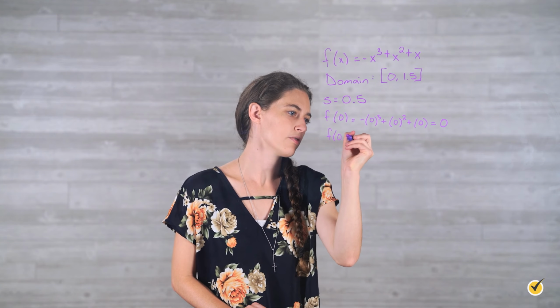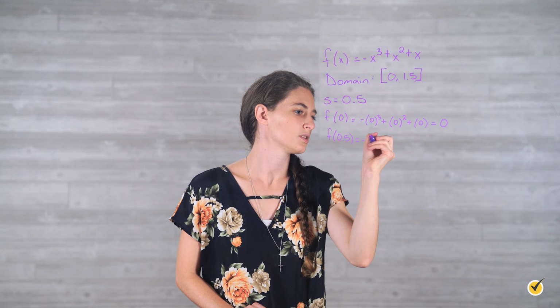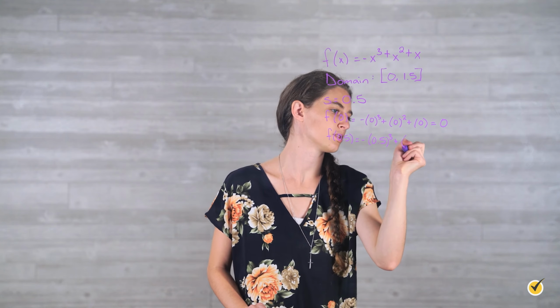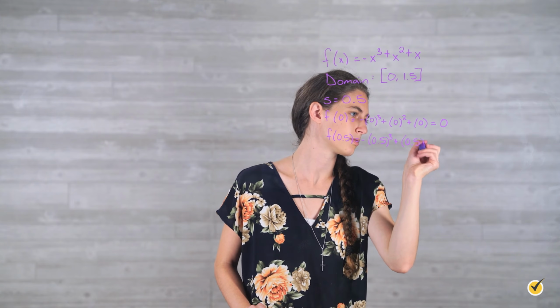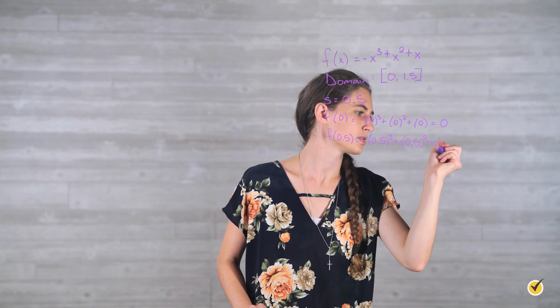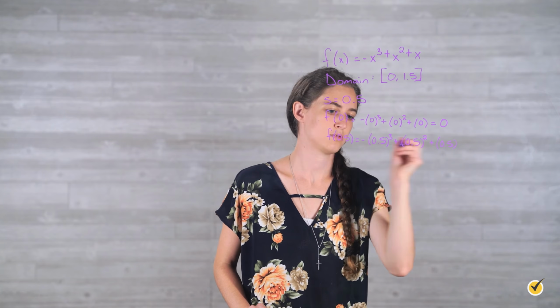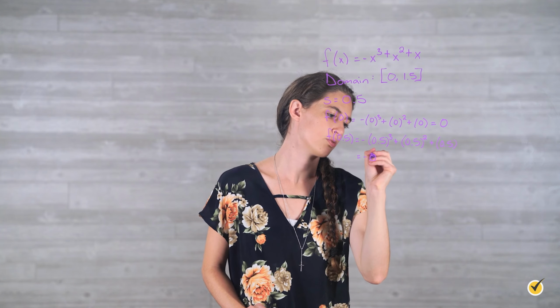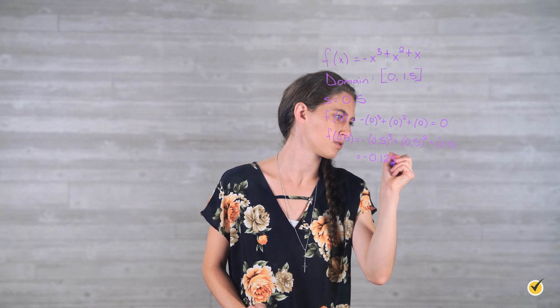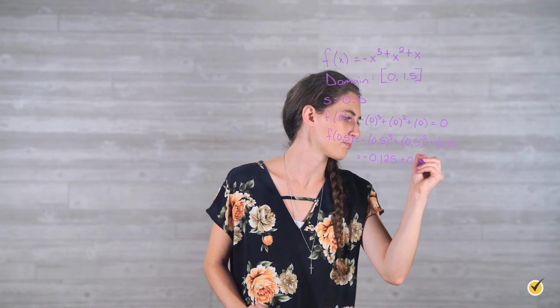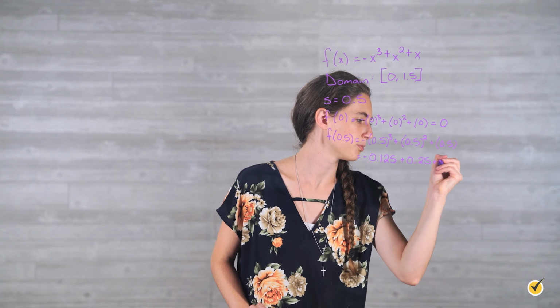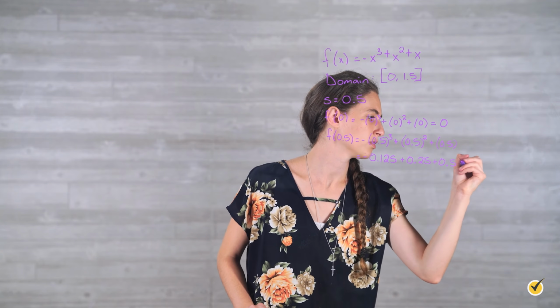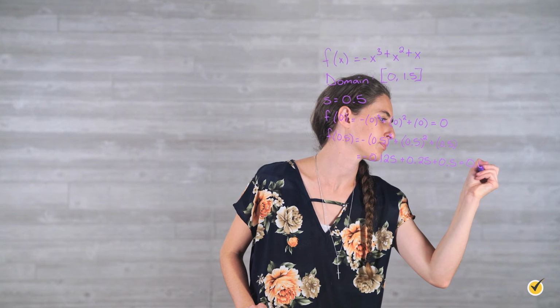F of 0.5 is equal to negative 0.5 cubed plus 0.5 squared plus 0.5, which equals negative 0.125 plus 0.25 plus 0.5, which equals 0.625.